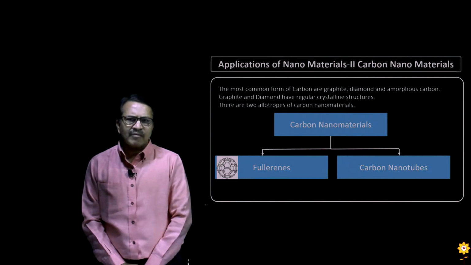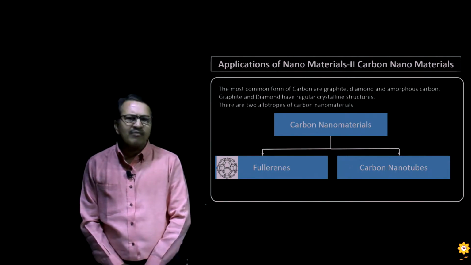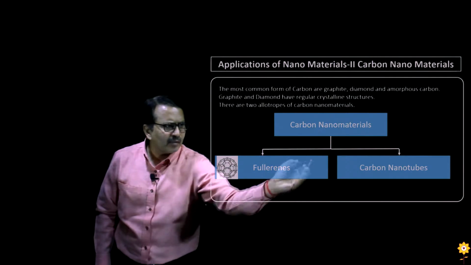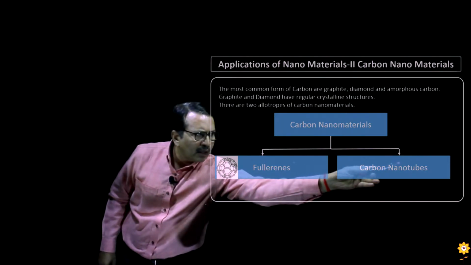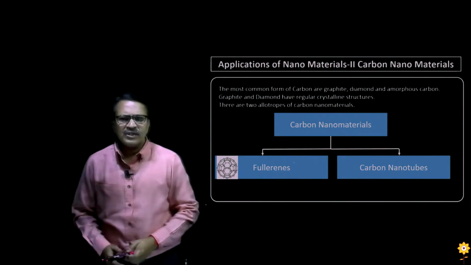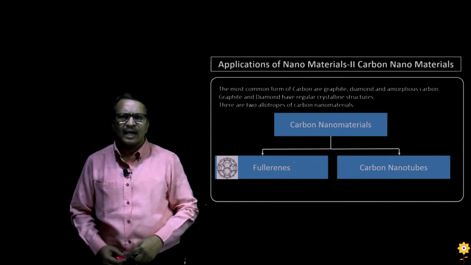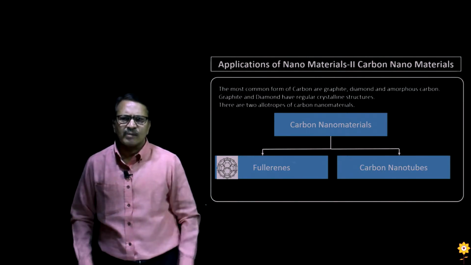Out of that, graphite and diamond have a crystalline structure. Now, there are two allotropes of carbon nanomaterials. These allotropes of the carbon nanomaterials are fullerene and the carbon nanotubes. We will be focusing on carbon nanotubes, but let us see what fullerenes are, and let us also see what carbon nanotubes are.